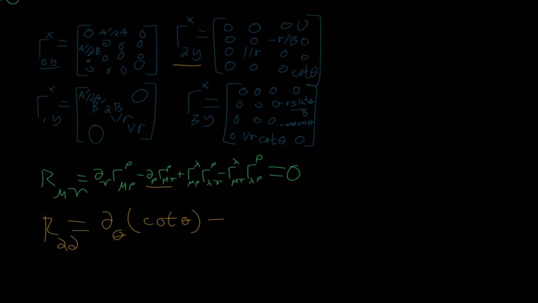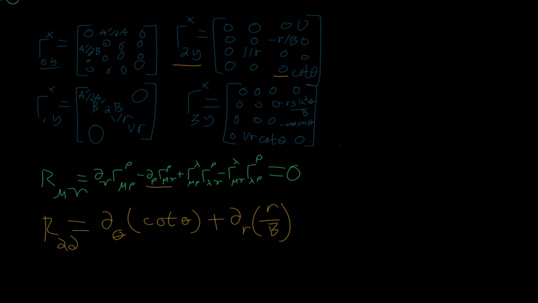But mu and nu are both 2, right? So if we take a look at this column right here, we see that the only time it's non-zero is when lambda is equal to 1. So as before, we have a partial derivative with respect to r of our term in here, which is minus r over b. But I'm going to cancel out the minus sign, so r over b.